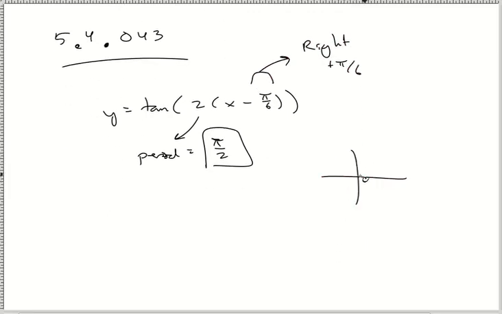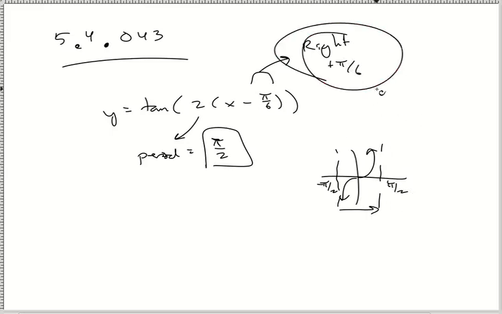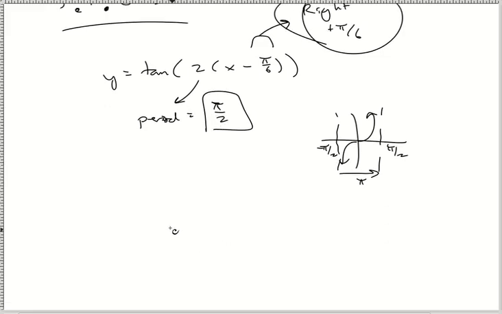So my original graph looks something kind of like this with some asymptotes. And so this is a pi distance, starting at negative pi over 2, all the way to pi over 2. Well, what I'm doing is I'm shifting it to the right a little bit, okay? And then my period is also changing. It was a pi distance, now it's a pi over 2 distance. It's basically a shorter distance there.